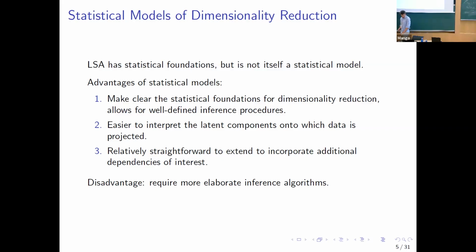Now, you may not care, but let me tell you a few advantages that I find in writing down a statistical model. You may just want to understand the foundations for how the dimensionality reduction got done. It's more transparent, it's more clear. Maybe more importantly, it allows for well-defined inference procedures. If you want to start testing the significance of the heterogeneity in a collection of documents, you need a statistical model to be able to do that.